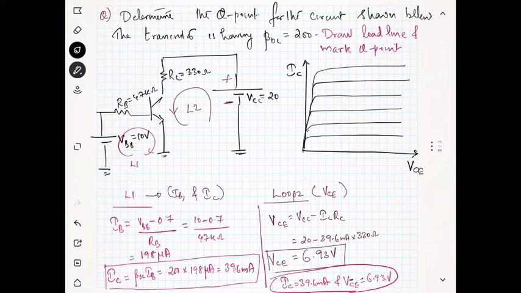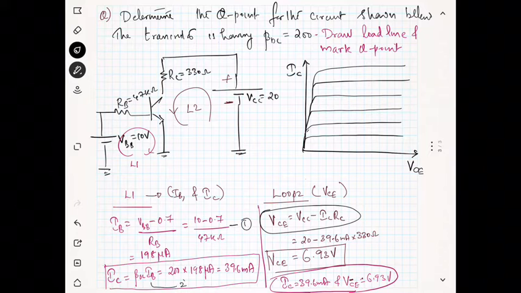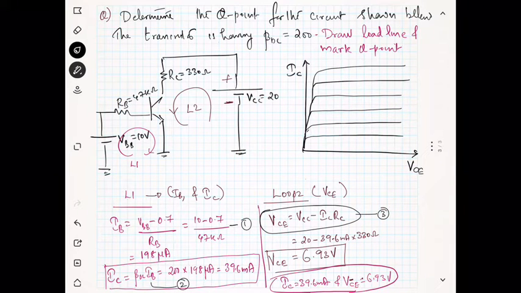Now we will consider this equation. Let's say for IB it is equation 1 and for IC it is equation 2. Now you can say this is equation number 3. So we will consider equation number 3.